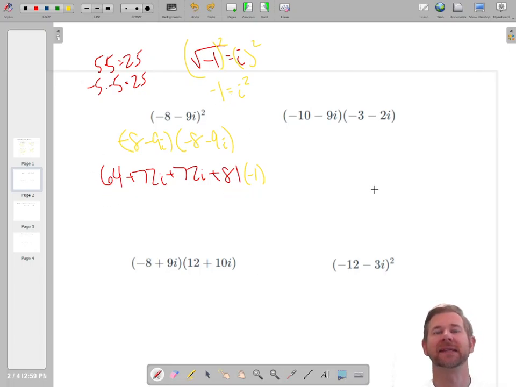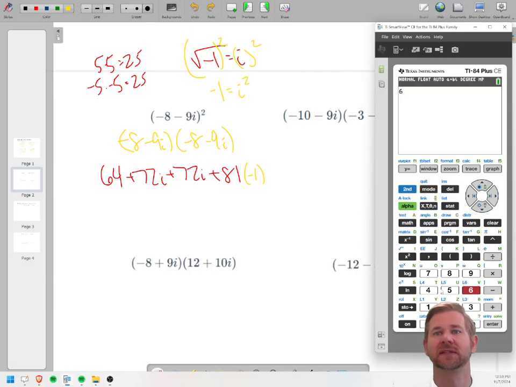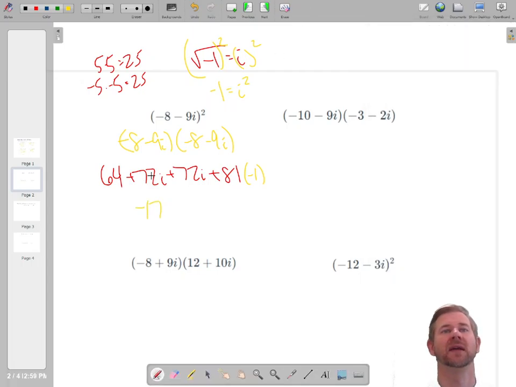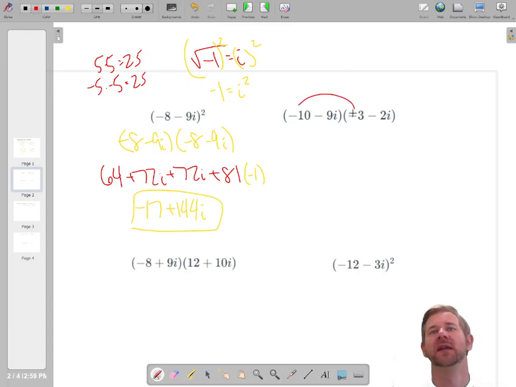64 minus 81, just to make sure, because I'm trying to do this mentally, it's going to be negative 17, but I just want to make sure I got all these right. Negative 17, and then 72 and 72 make 144i. Okay, some of these are a little more tedious than that. Negative 10 times negative 3 is 30, plus 20i.